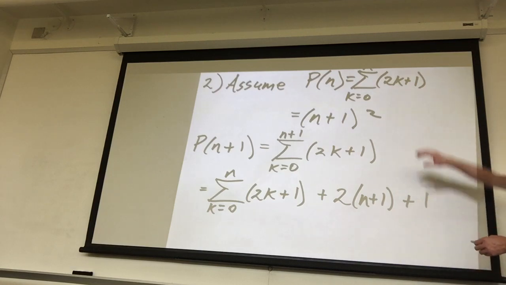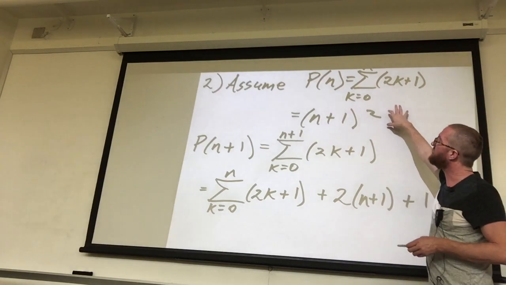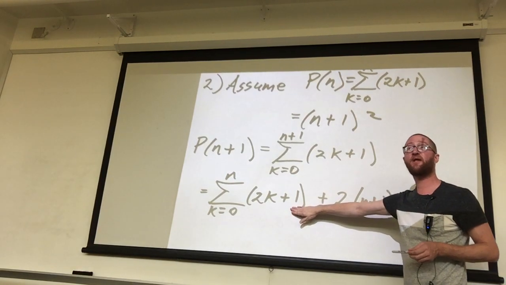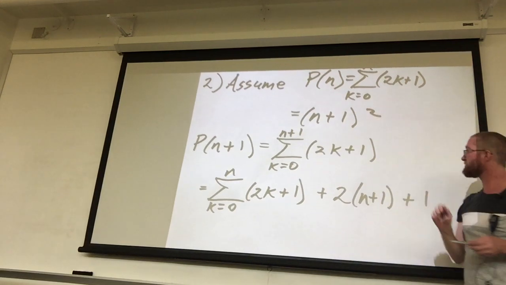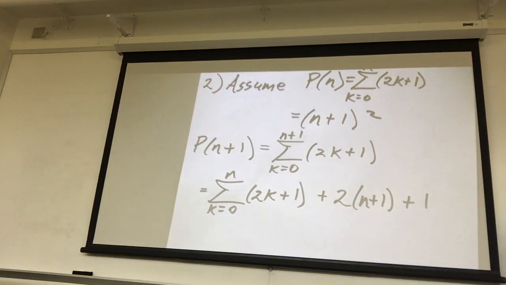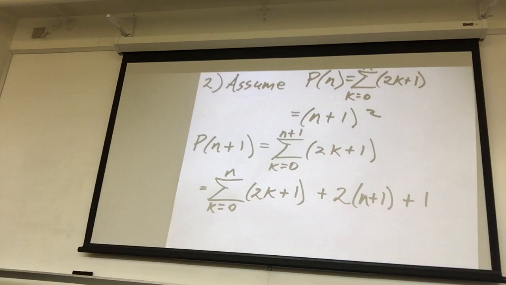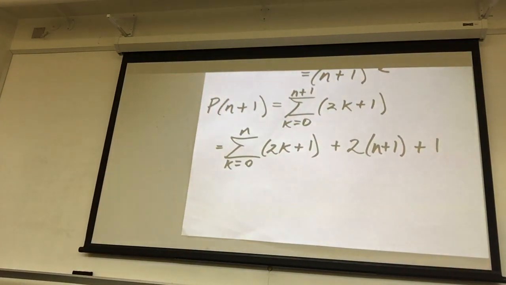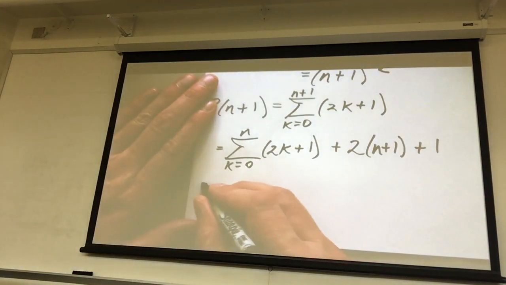Now, based upon our assumption, this sum right here, this is our P of n right here, is going to equal n plus 1 squared. Okay. So here's where we're at right now.